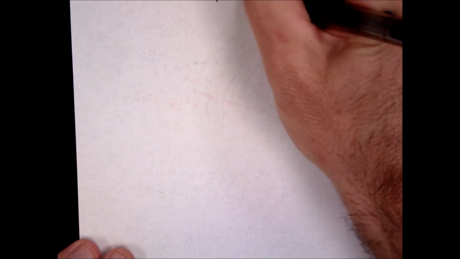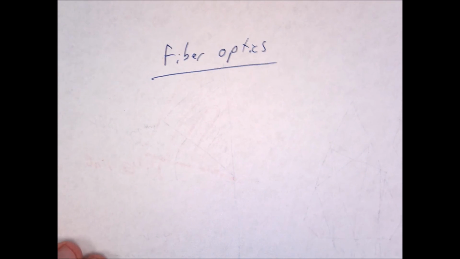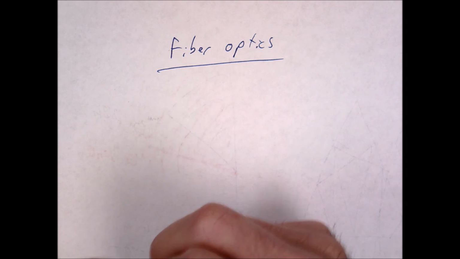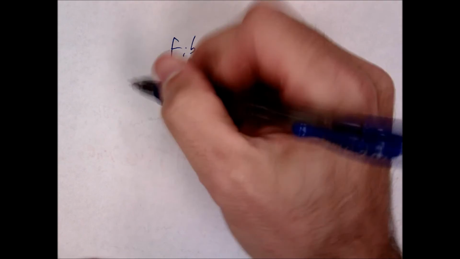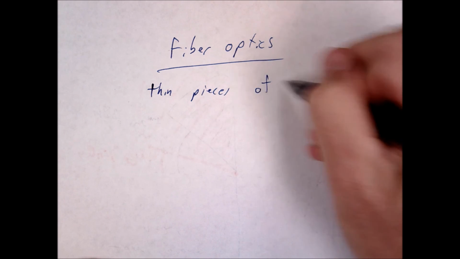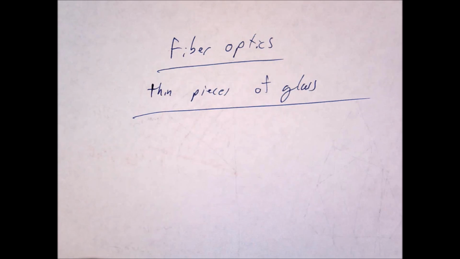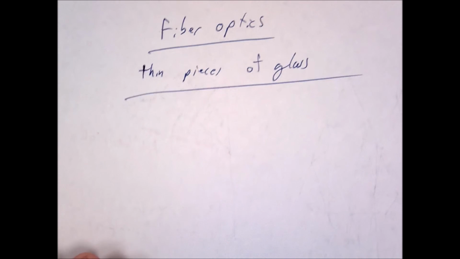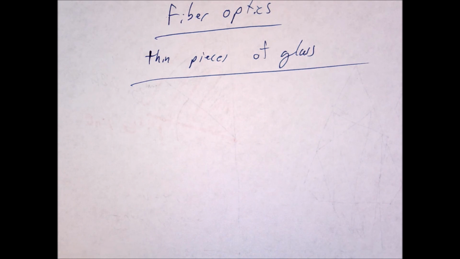All right, let me go over one other application. Let's look at fiber optics. Fiber optics are basically just thin pieces of glass. They're so thin that if you look at them, it just looks like a wire.